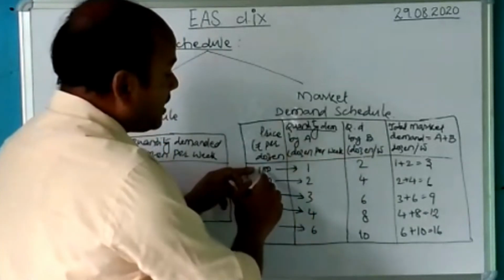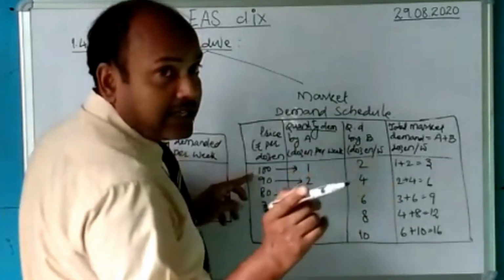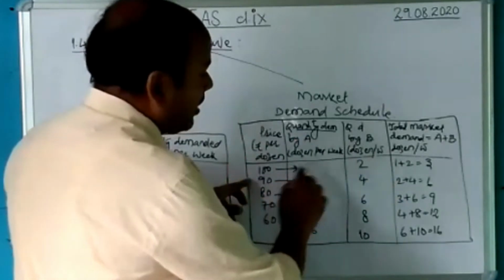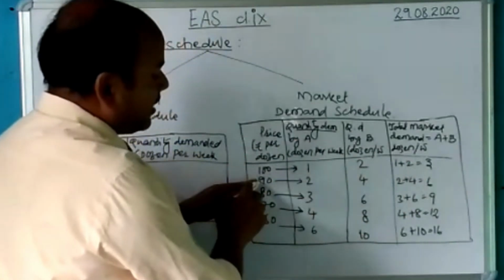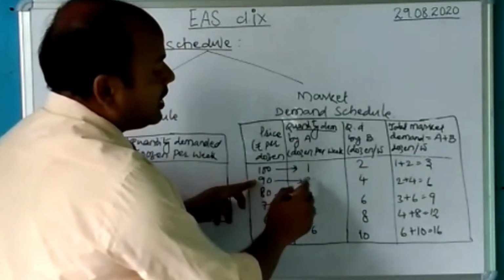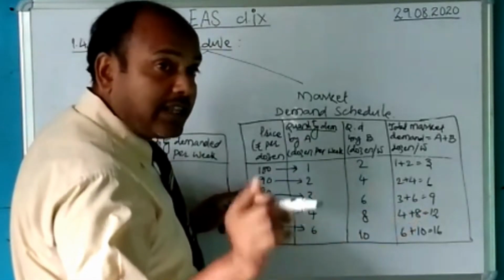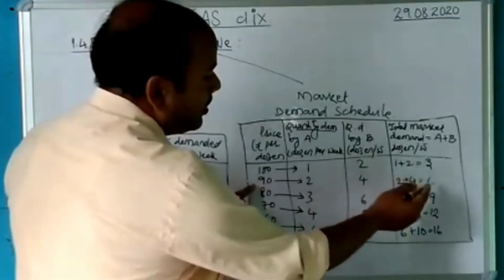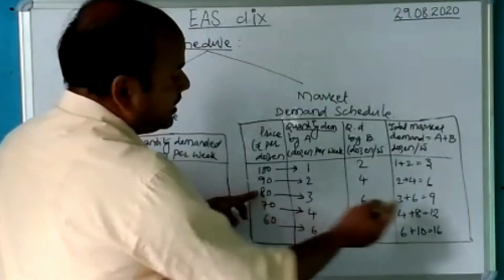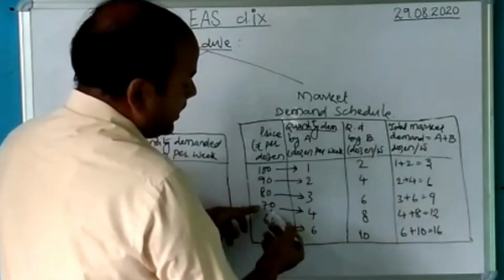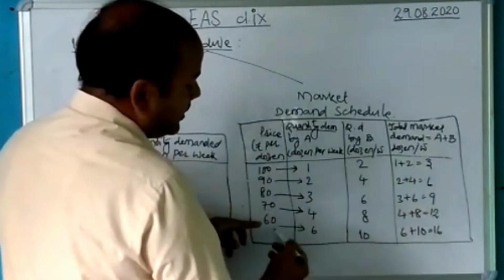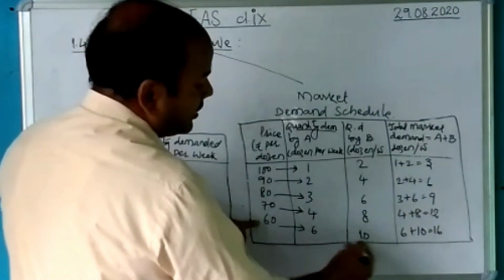That means at the same price, what is the total demand created for that commodity in the market? 1 plus 2, 3. When the price became less, 90 rupees, A purchased 2 units and B purchased 4 units. So what is the total demand created for that commodity at that particular time? 2 plus 4, 6. Similarly, for 80, it is 3 plus 6, 9. At the price 70, it is 4 plus 8, 12. And at 60, 6 plus 10 is 16.